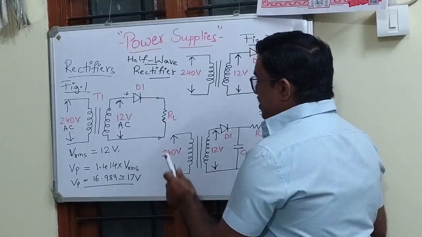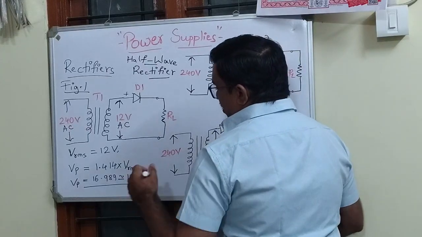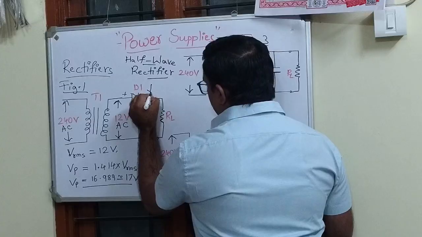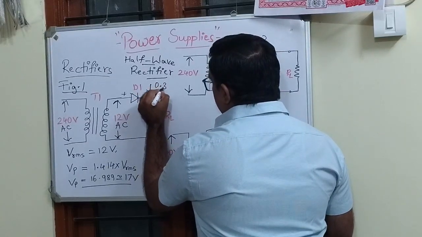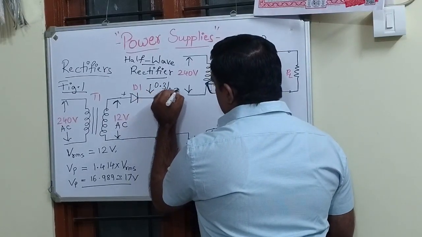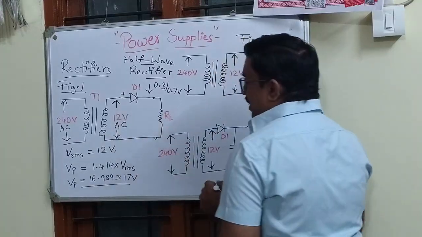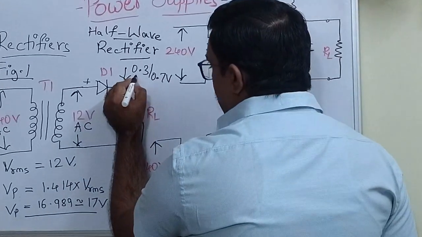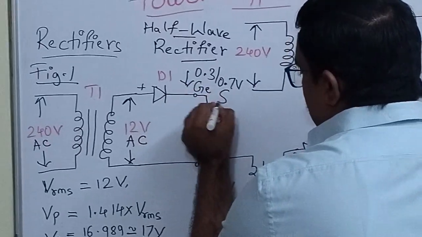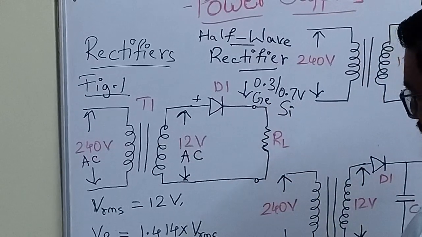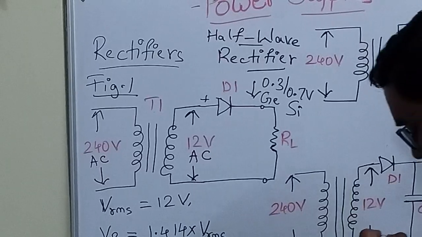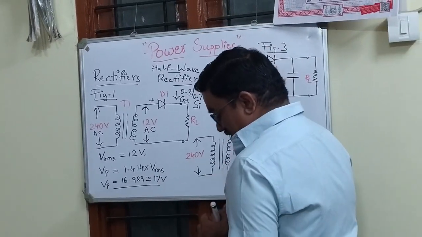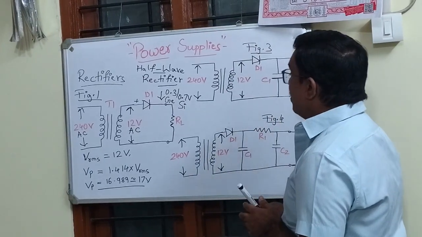Hence, when the diode is conducting, the potential drops by a factor of either 0.3 or 0.7 volts based on the diode being used. 0.3 is for germanium, and 0.7 is for silicon. This one I just need to convey to you guys.